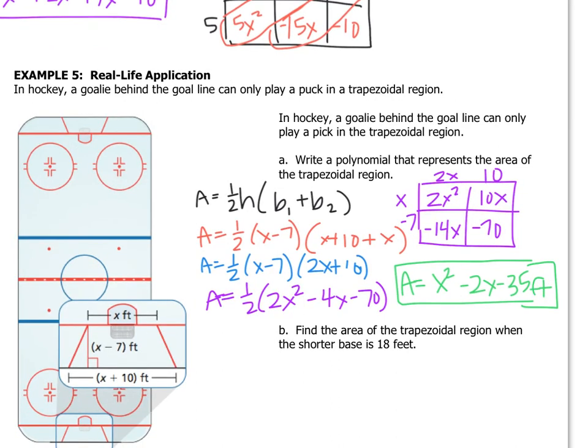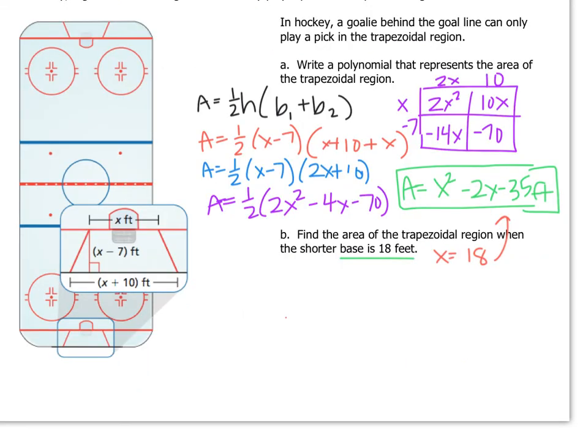Now they tell us that the value of the shorter base is 18. Luckily, the shorter base is just the x, right? Because obviously the longer base is x plus 10. So if the shorter base is 18, then really what they're telling us is x equals 18. So you just take that and you plug it in. So let's do 18 squared minus 2 times 18 minus 35.